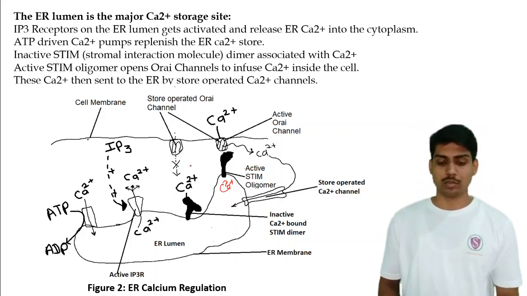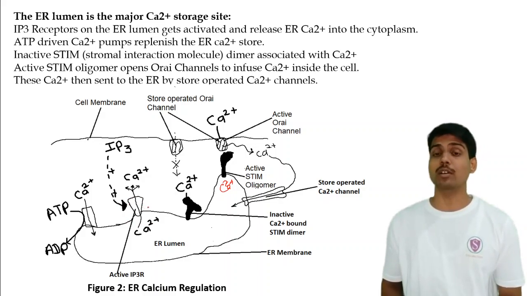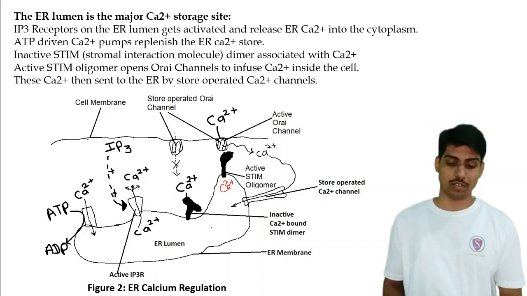Also, low levels of calcium inside can occur because of these IP3 receptors present on the endoplasmic reticulum surface. The basic function of these IP3 receptors is to release the calcium stored inside the endoplasmic reticulum towards the cell cytoplasm.